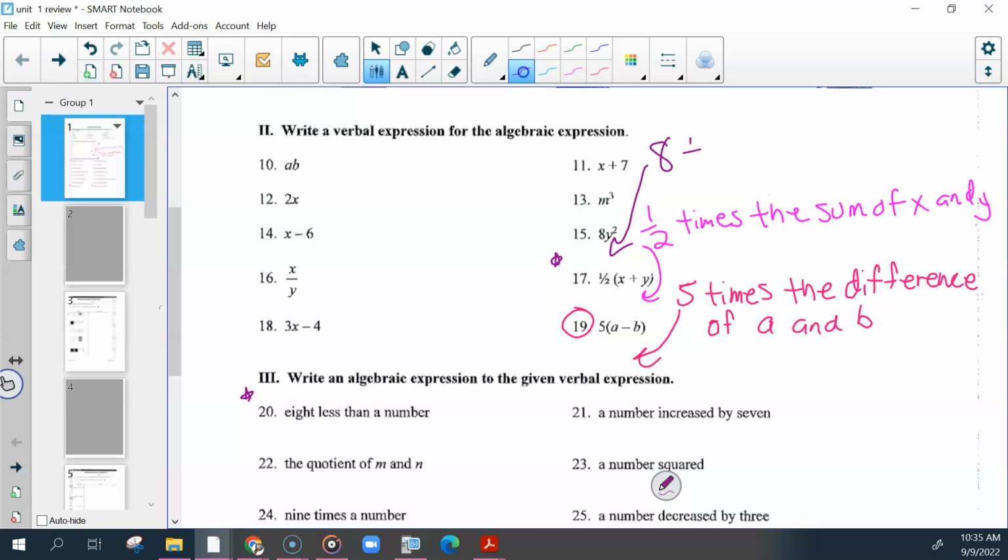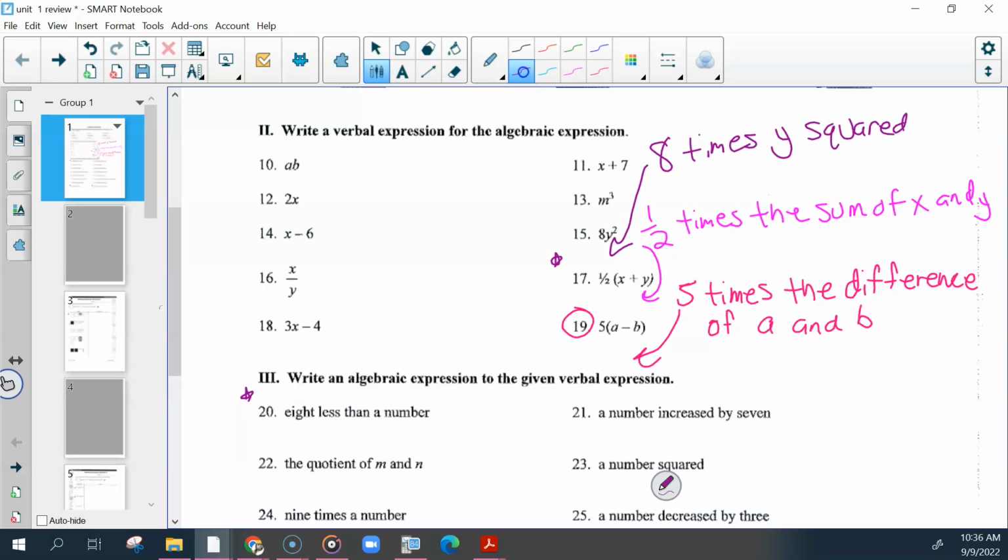So I can say 8 times. And then I need to say either y squared, a number y squared, either of those. Squared, raised to the 2nd power, to the power of 2, any of those would work. So that would be your answer.